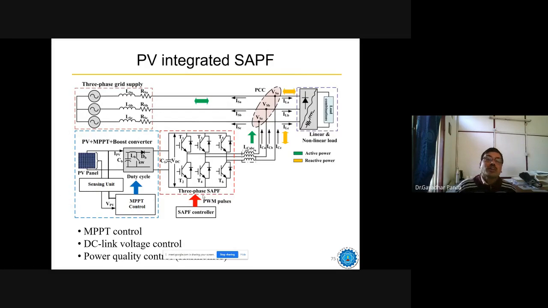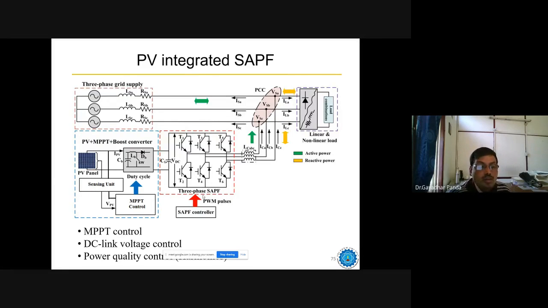Now we will come to one of the system configurations. This is also a published work, PV integrated SAPF. Here you see that the source is connected with the nonlinear load, and we are controlling by means of the PV inverter, so that you can maintain the current drawn from this source as sinusoidal.